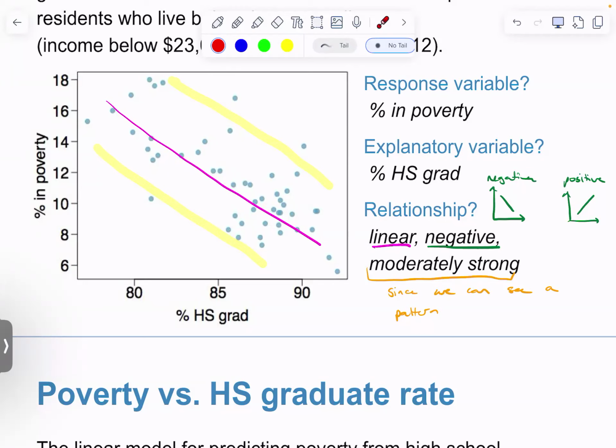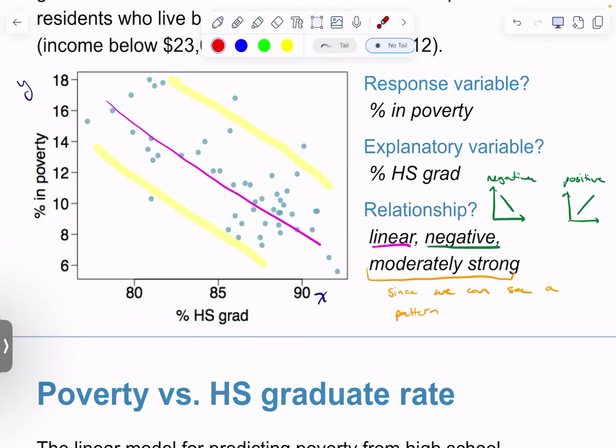Okay. What's our y value? Our y value here is the percentage in poverty, and so that's your response variable, whatever's on the y-axis. And your x variable is your explanatory variable, which in this case is the percentage of high school grads. How are we going to use this? Well, we're going to assume that the percentage of high school grads in a state explains changes in the percentage in poverty.